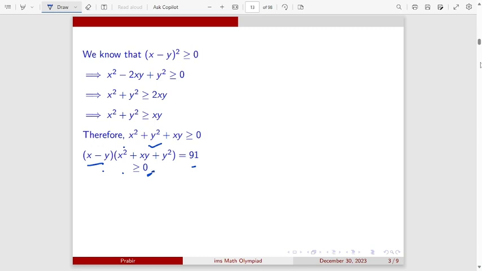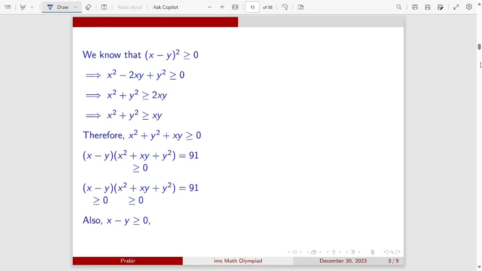So if one of the numbers is non-negative, then the other number will also be non-negative because 91 is a positive number. So we are getting x minus y also greater than or equal to 0, and also x minus y not equal to 0 and x square plus xy plus y square also not equal to 0. Why? Because 91 is a positive and non-zero number.